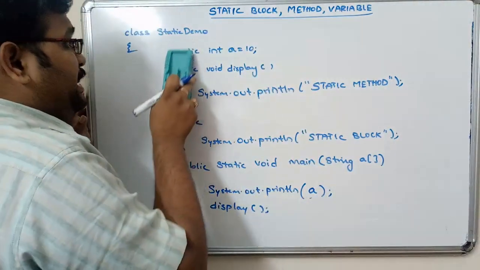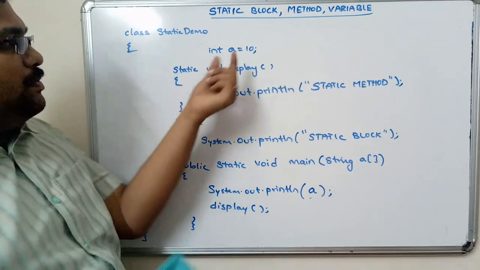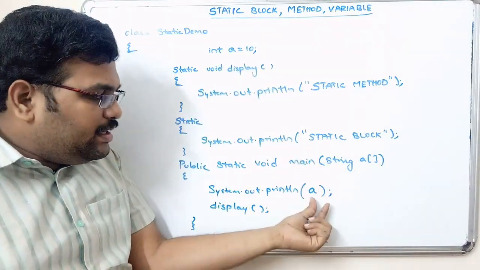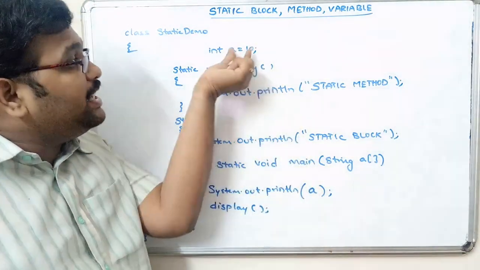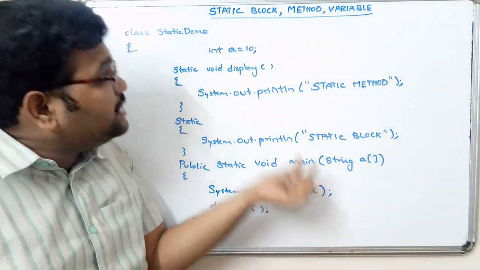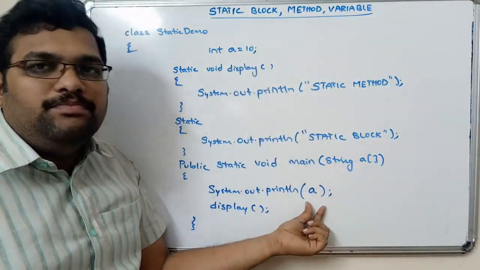In the absence of static, a is now an instance variable. This gives an error because instance variables cannot be accessed directly. For accessing the instance variable, we have to create an object.